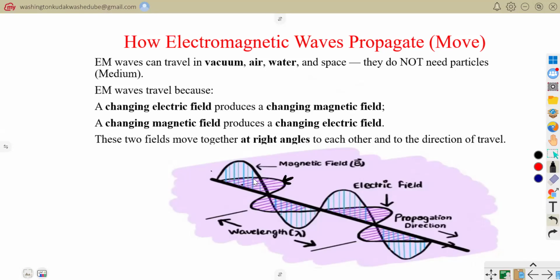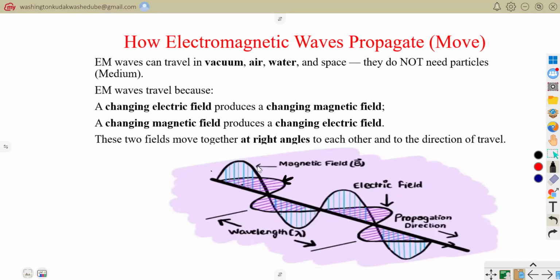And this change in magnetic field, which is causing up and down, if our electric field was in the positive direction, it will now cause this electric field to change to be in the negative direction. Meaning to say that if it was vibrating going forth, it will now vibrate going backward.